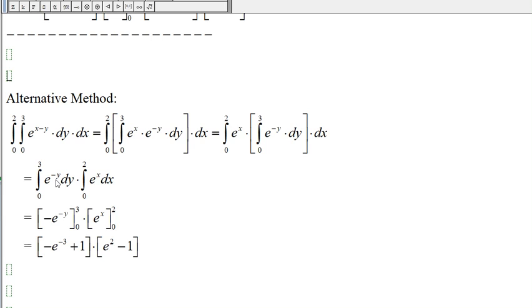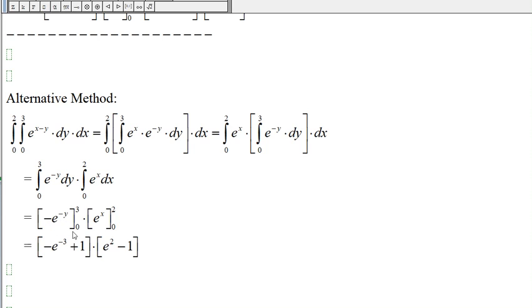Antiderivative of e to the negative y is negative e to the negative y, evaluating from 0 to 3. Then we get negative e to the negative 3. And then when we put 0 here, we get minus e to the 0, which is minus 1.